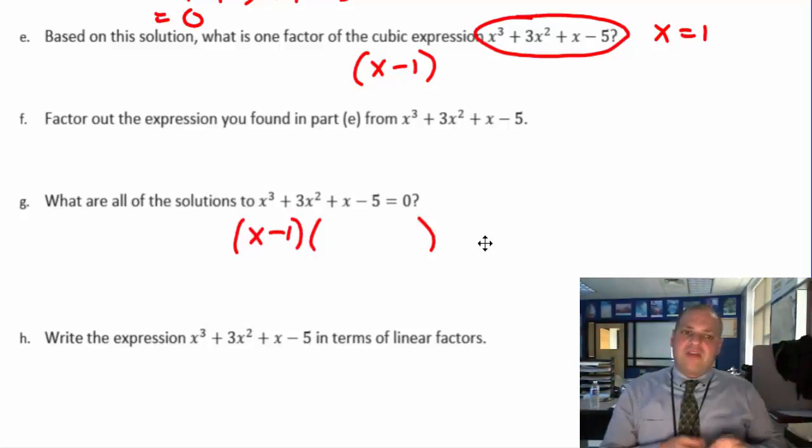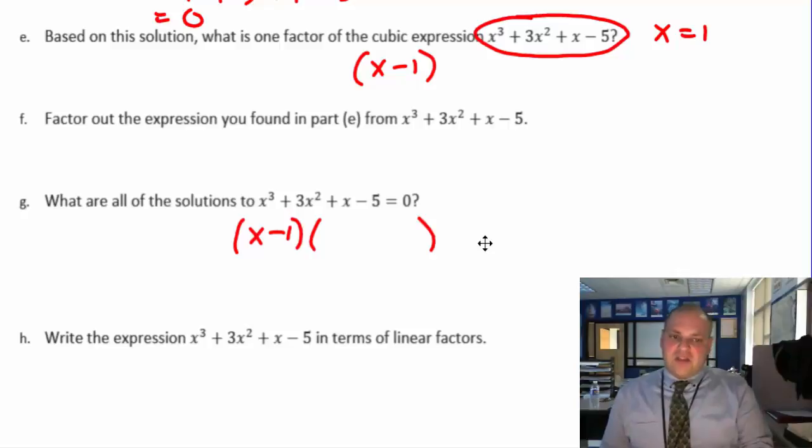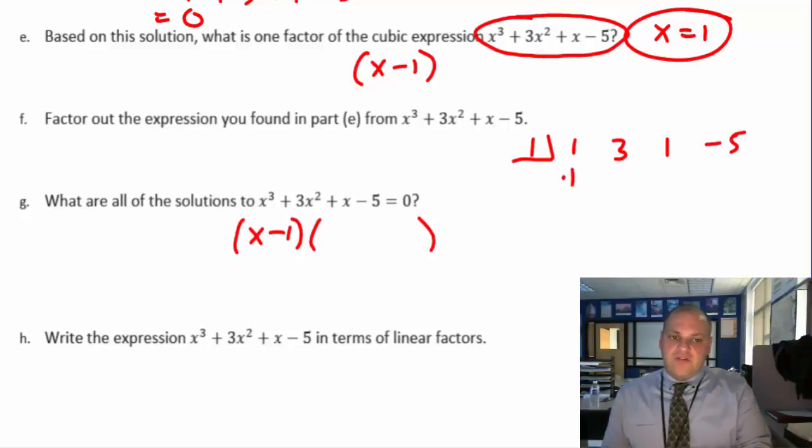We already know one factor. So synthetic division, that's what we're going to do here. Let's do synthetic division with a 1, because that's our root. So you've got 1, 3, 1, negative 5. Okay, so do our synthetic division, and we get 1, 4, 5, 0.